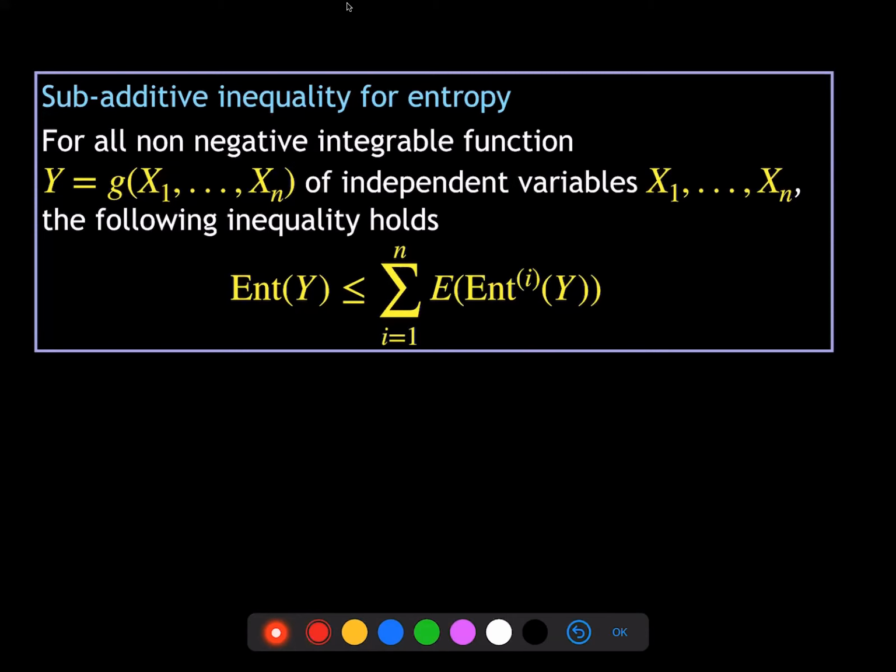So this is exactly an extension to entropy of the inequality that we had for the variance. For the variance, it was just Efron-Stein's inequality. And here we have this subadditive inequality for entropy.